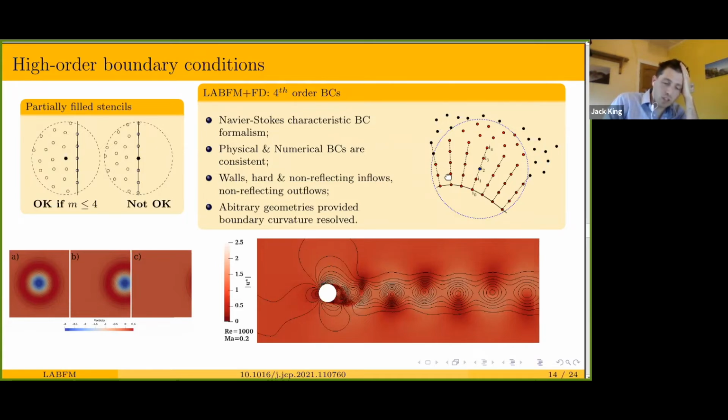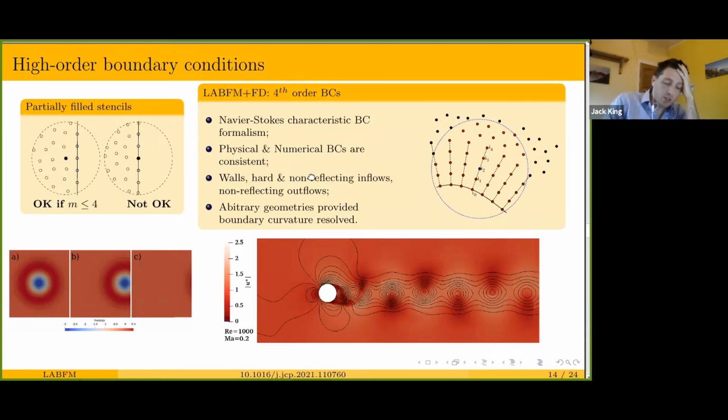On the boundaries, we use a strip of nodes in an ordered regular distribution with 4th order one-sided finite difference stencils. These one-sided operators allow us to use a characteristic-based boundary formulation, which is particularly nice because the numerical boundaries that we implement can be imposed in a way which is consistent with the physics of the problem.